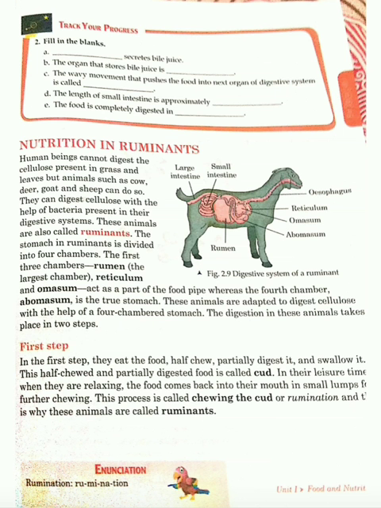Herbivores means the organisms or animals which eat green plants or grass. Students, we are not ruminants. Human beings are not considered to be ruminants since they cannot digest the cellulose present in the grass.